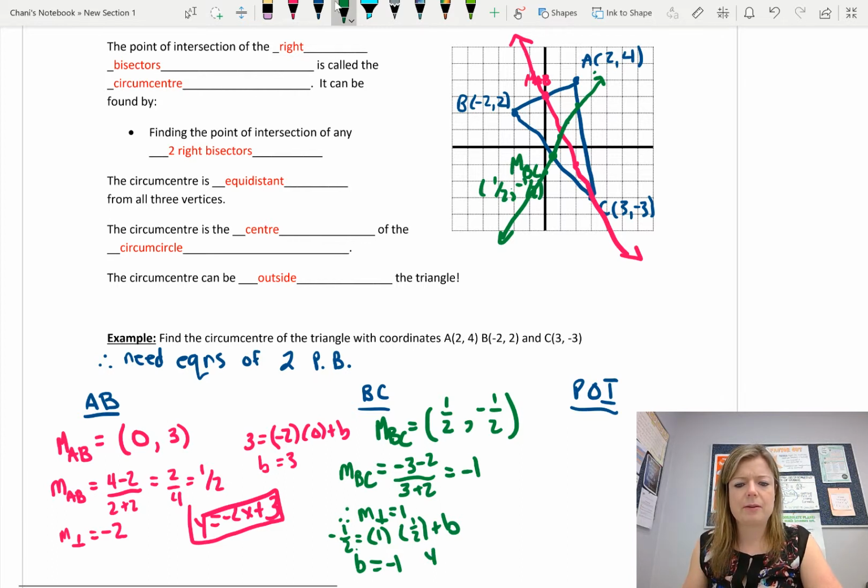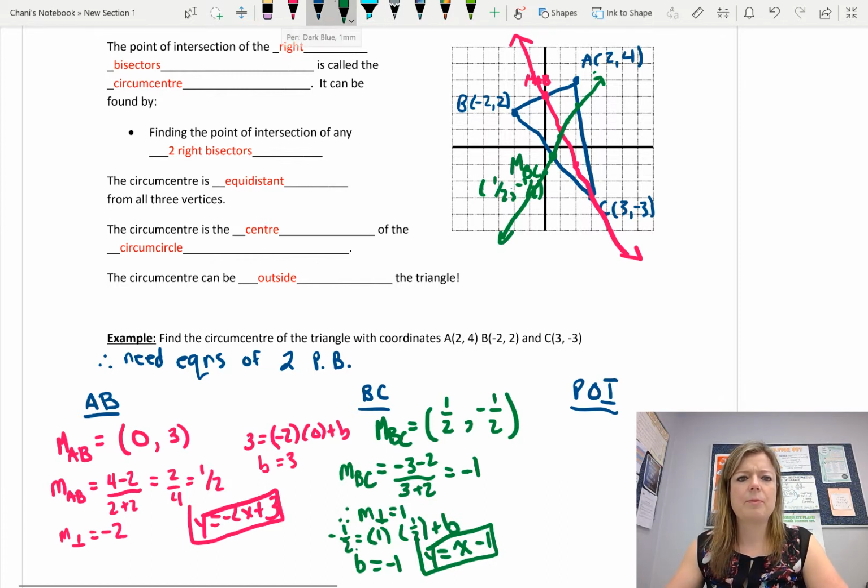So the equation is y equals x minus 1. That is the equation of the green line. Okay, so it would have gone through that perfectly.